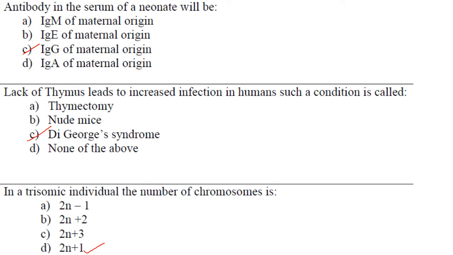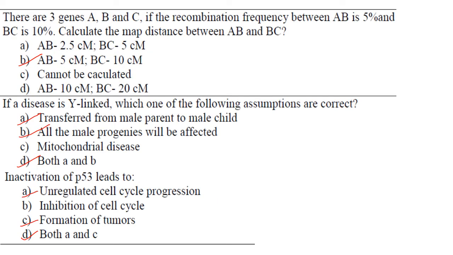Lack of thymus lead to increased infection in humans. Such a condition is called as DiGeorge syndrome. Answer is option C. In trisomic individual, the number of chromosome is 2n plus 1. Answer is option D. Then there are three genes A, B and C. If the recombination frequency between AB is 5% and BC is 10%, calculate the map distance between AB and BC.